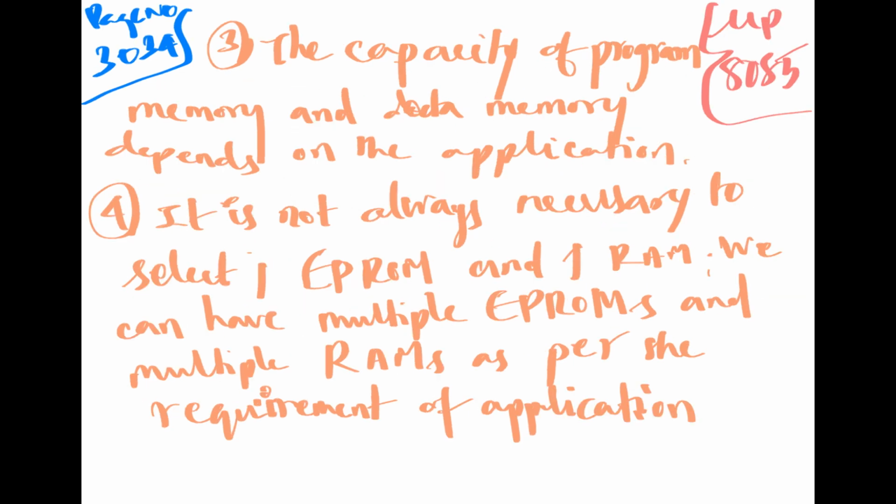Third point, the capacity of program memory and data memory depends on the application. It is not always necessary to select one EPROM and one RAM. We can have multiple EPROMs and multiple RAMs as per the requirement of the application.